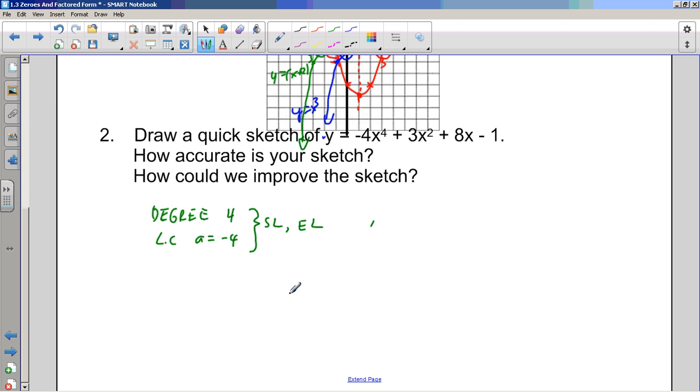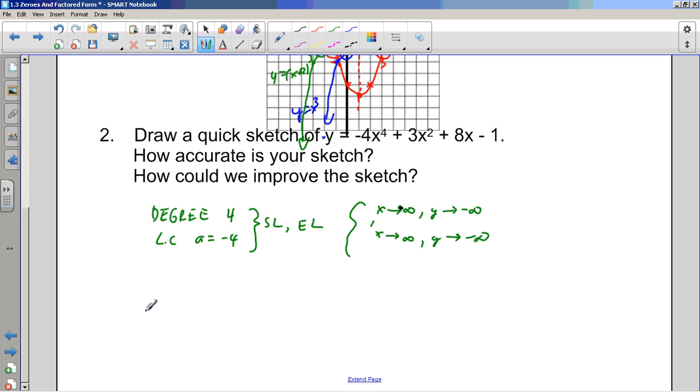It starts and ends either high or low, and this one, with a negative leading coefficient, starts low, ends low. If we wanted the end behaviors, we could write that. Why not? A little review. Starts low, ends low.